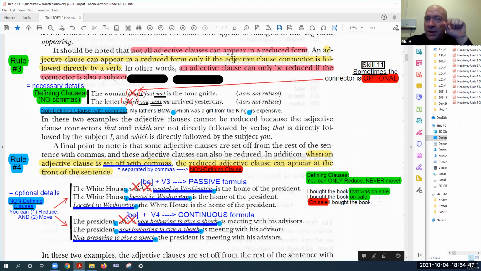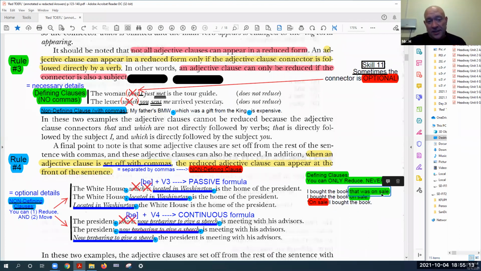They're the same. But now look at the third example. On sale, I bought the book. This is wrong, because this is necessary information. You can reduce it, but you cannot move it.